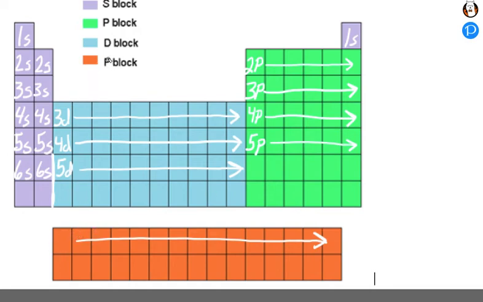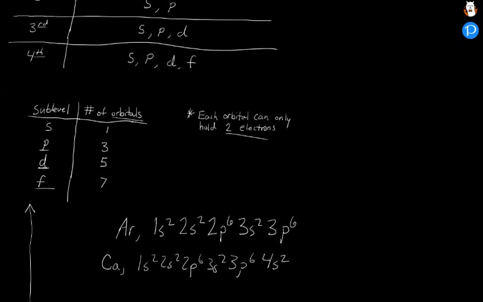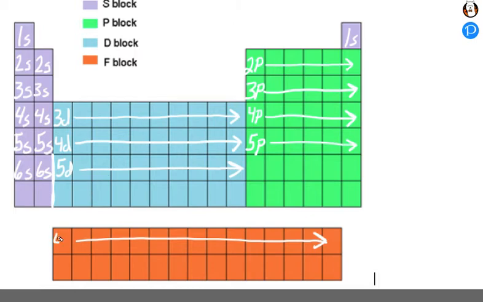Well, it's an F, but would it be 1, 2, 3, 4, 5, 6? What number would it be? Well, we come back over here, and we said, where does the F block first show up? The F orbital first shows up in the 4th energy level. So right here, this would be 4f. So you'd have to fill the 4f orbitals, then fill the 5d orbitals, then the 6p orbitals.